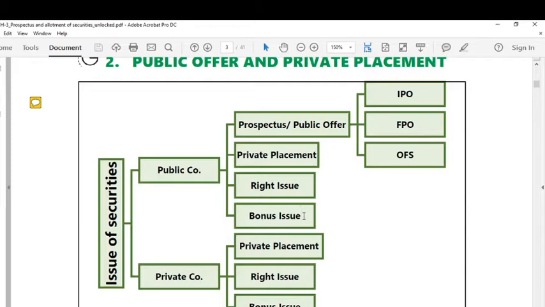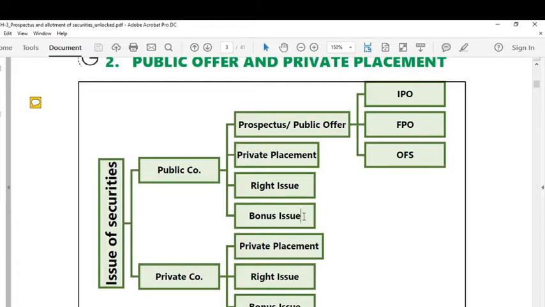For example, in the case of existing shareholders, instead of giving a cash dividend, the company can give them shares in the form of a bonus. In such a case, the company will not be collecting anything from the existing shareholders, as it is given in the form of shares instead of a cash dividend.